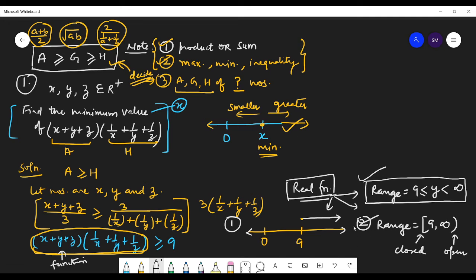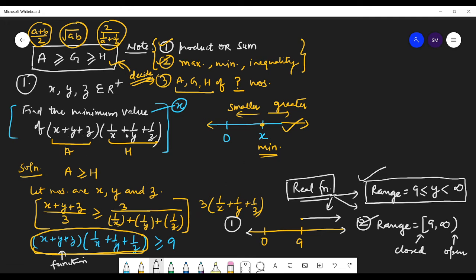This is only for real valued functions. Students, is this clear?